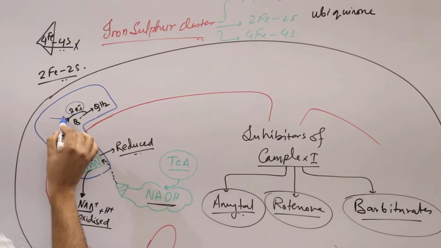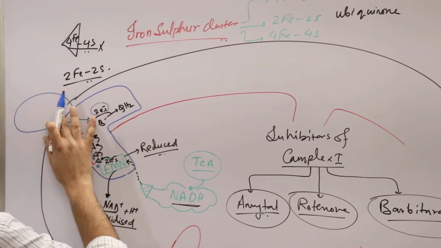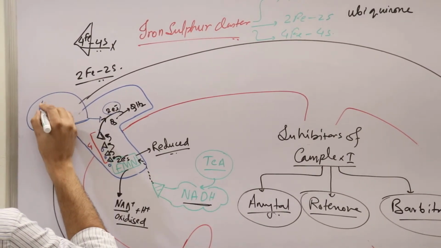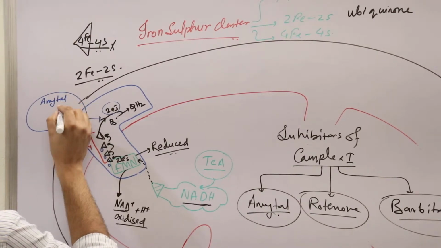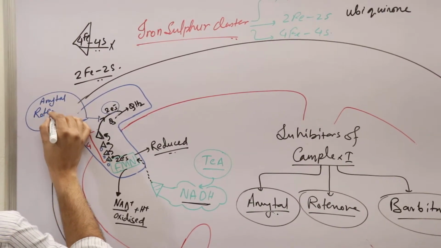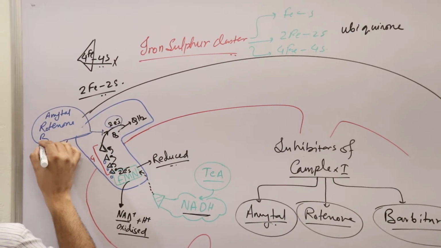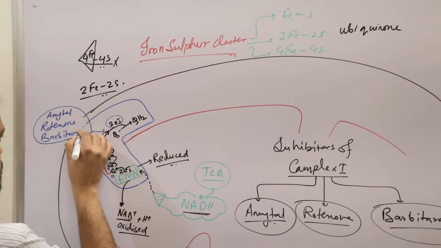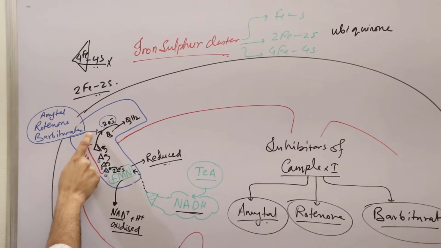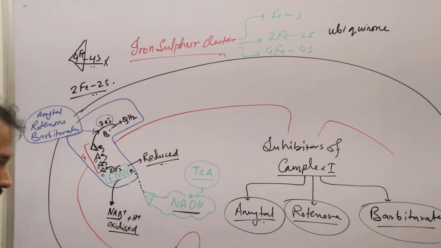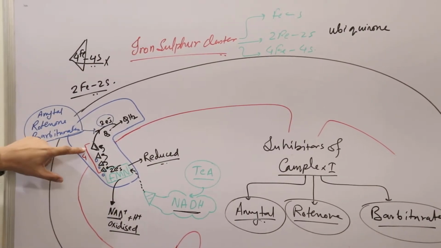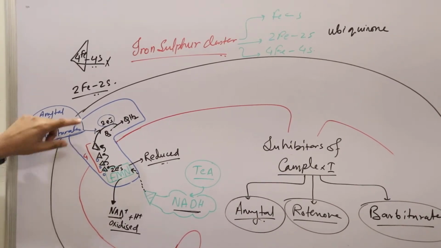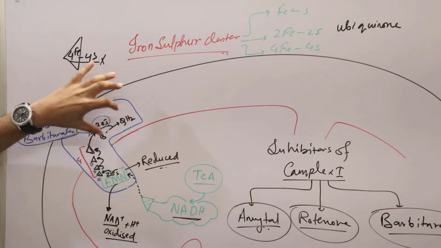They inhibit here: amytal, rotenone and barbiturates. That is, they inhibit the electron transfer from the iron sulfur cluster to ubiquinone of complex 1.